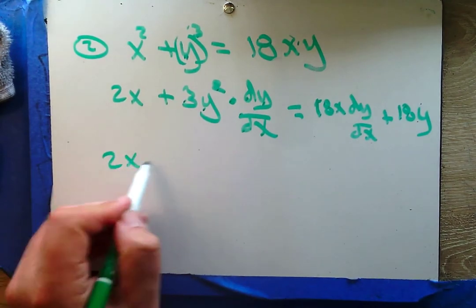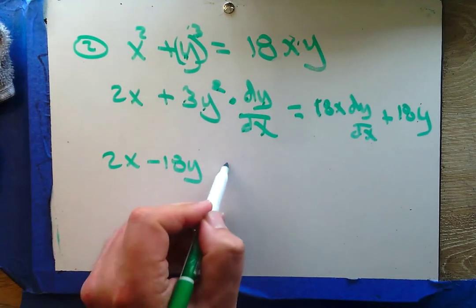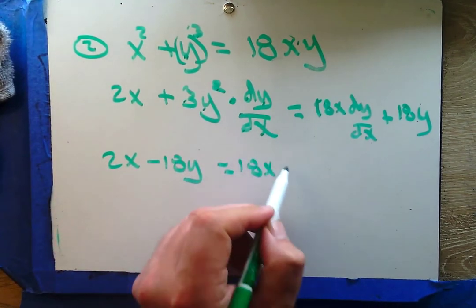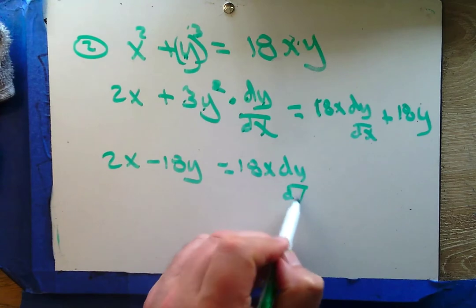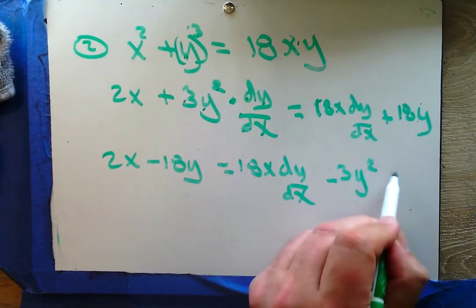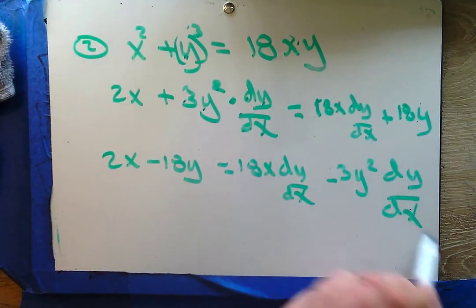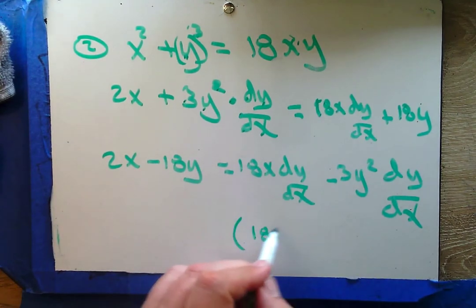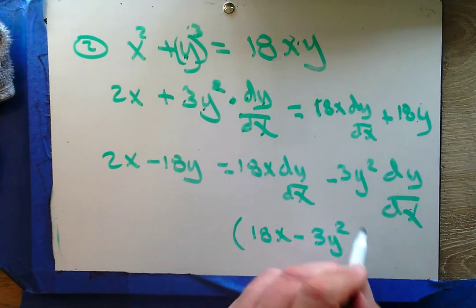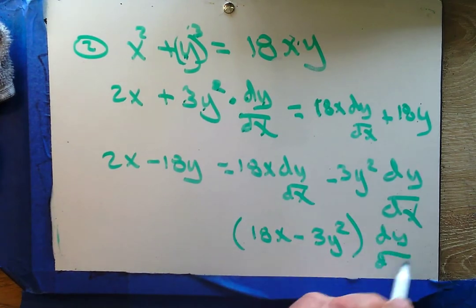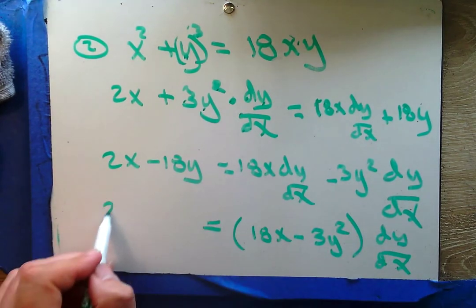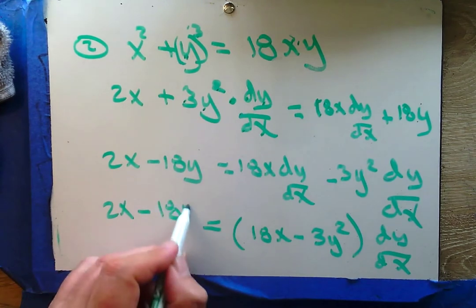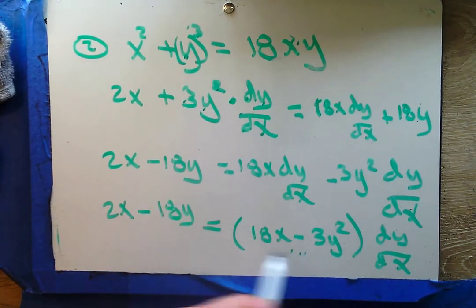So 2x minus 18y equals 18x dy dx minus 3y squared dy dx. Don't forget to factor out that dy dx. You'll be left with 18x minus 3y squared. And on the other side, 2x minus 18y. So I want to divide both sides by this.